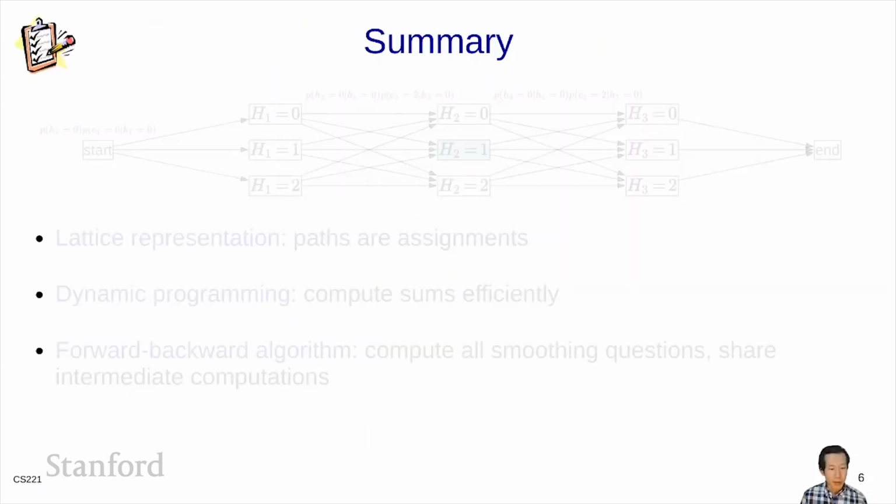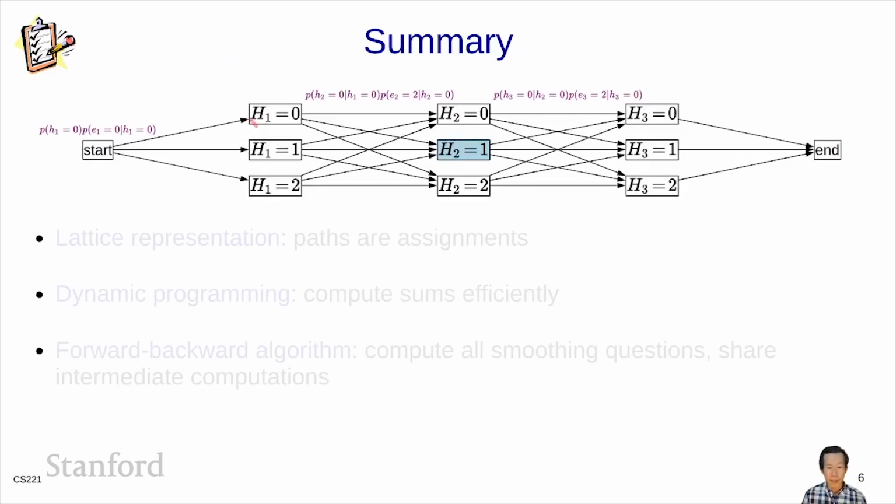All right, so to summarize, we've presented the forward-backward algorithm for probabilistic inference in HMMs, in particular answering smoothing questions. The key idea behind the forward-backward algorithm is this lattice representation, which allows us to compactly represent paths as assignments and the weights of each assignment to be the product of the edge weights.